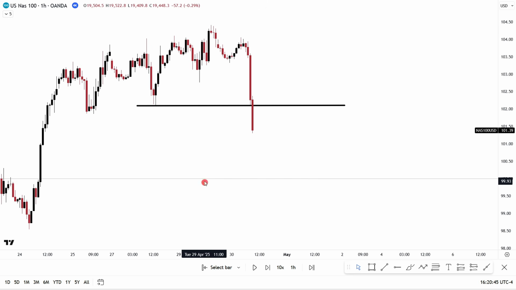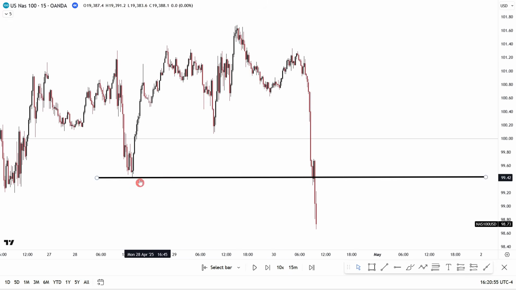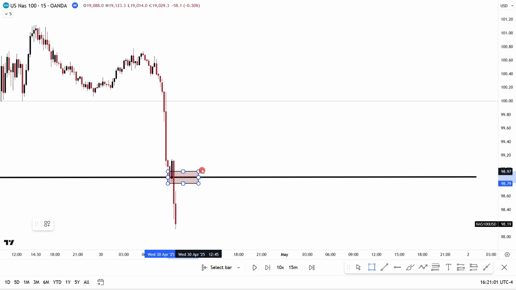So here we have a sweep. And now let's go into lower time frames. Define what pushed price. So what pushed price to grab this liquidity? You could look at this supply zone.